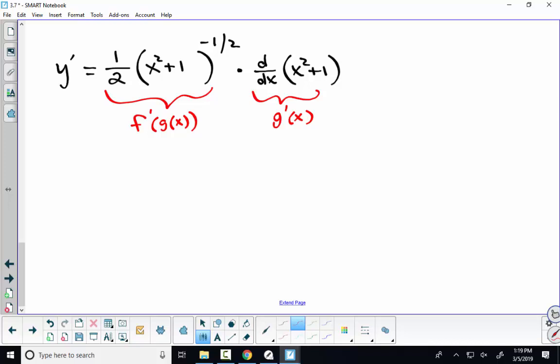Are there any questions on that? Okay. And then we take the derivative of x squared plus 1. And then we divide the 2's away.